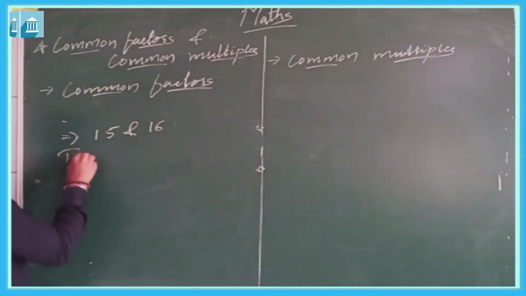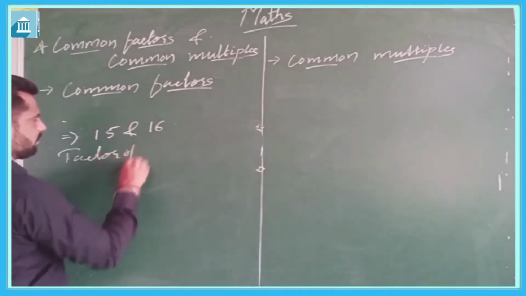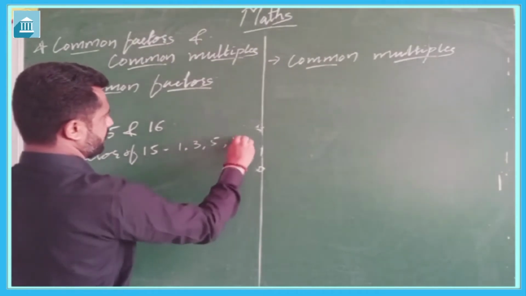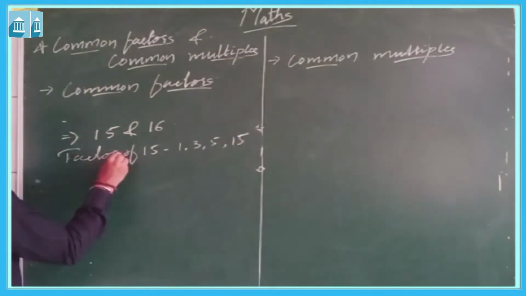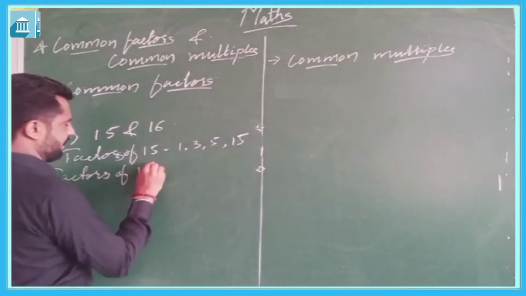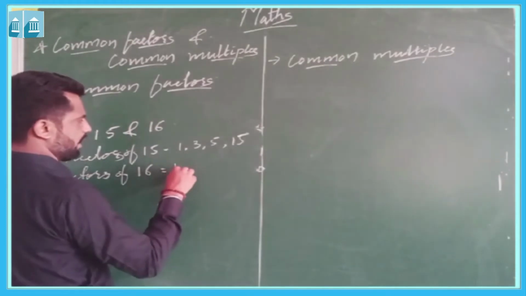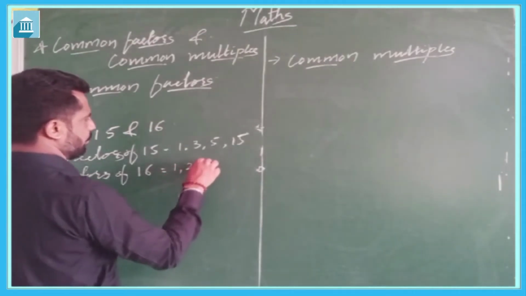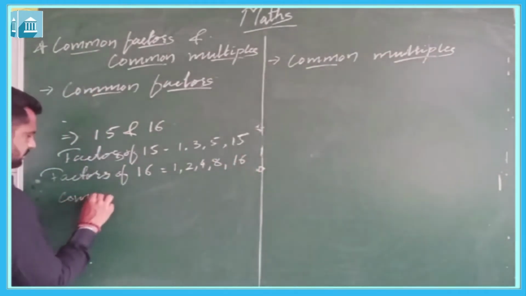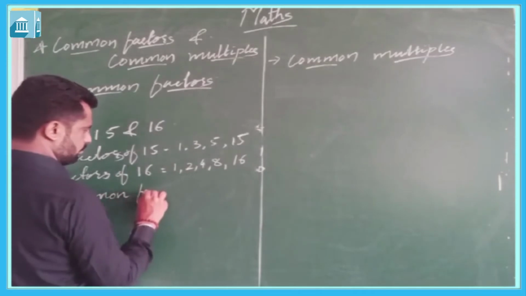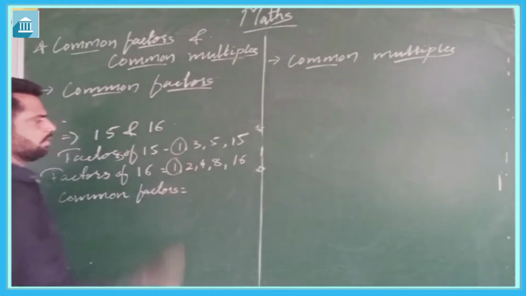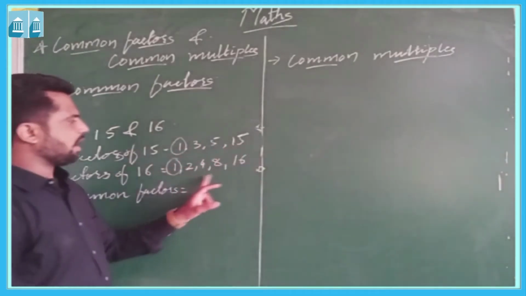Here factors of 15: 1, 3, 5 and 15. Factors of 16 are 1, 2, 4, 8, 16. So the common factor is 1, the rest are not common.